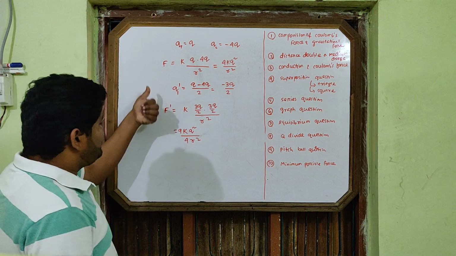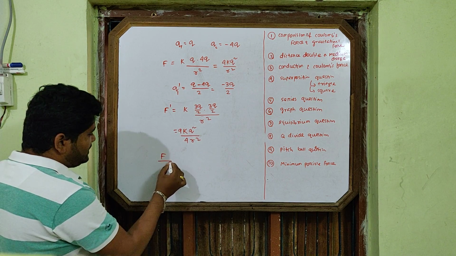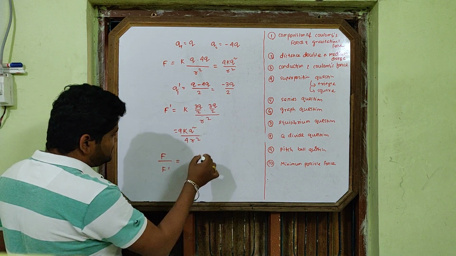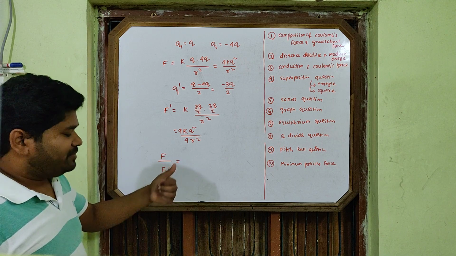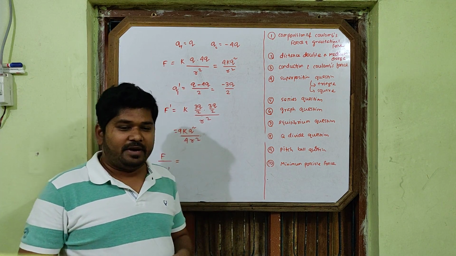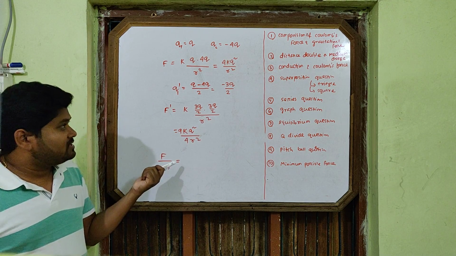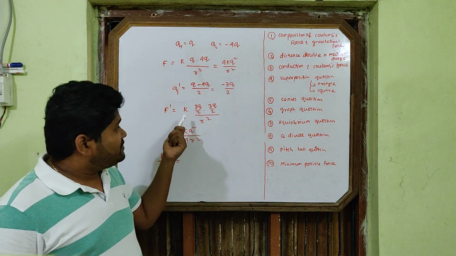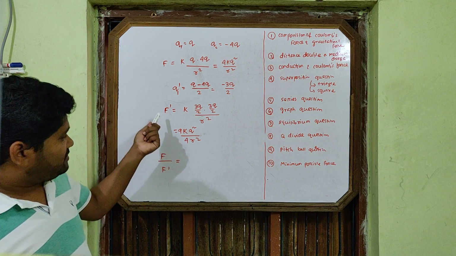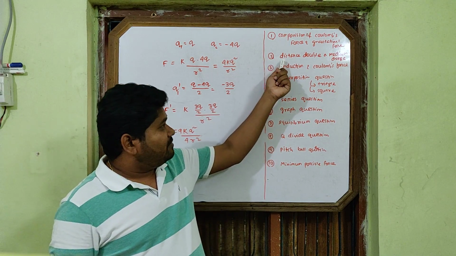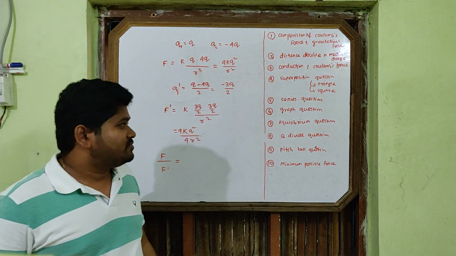Then you can compare by dividing F by F dash, and you can find the relation of F dash with F. You get this type of numerical question from conduction and Coulomb's force.